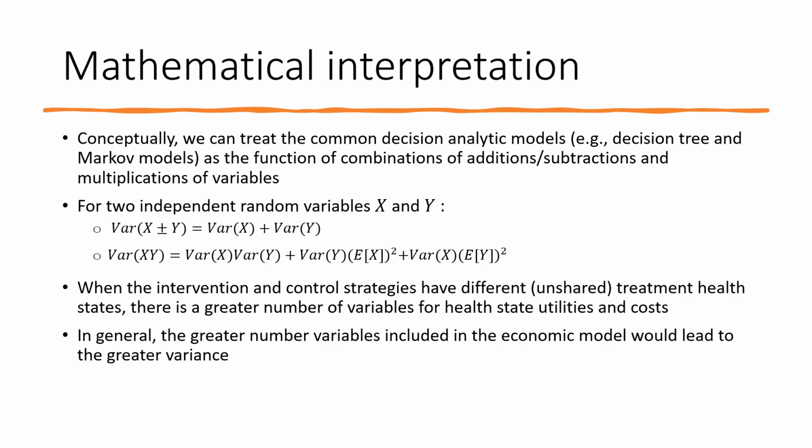Finally, the incremental costs and incremental QALYs between strategies would be calculated using subtractions of total costs and QALYs in different strategies. As eventually the health and economic outcomes in the economic analyses would be calculated by addition and subtraction, the greater number of variables, such as when the treatments are associated with different health states, would lead to the increase of variance.